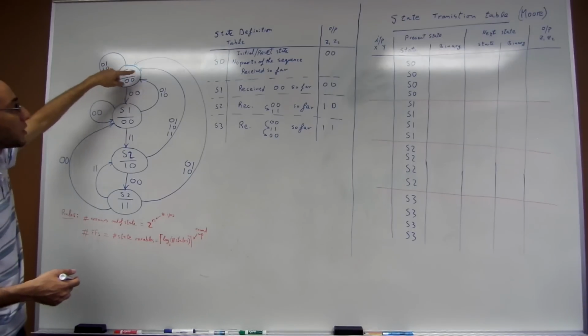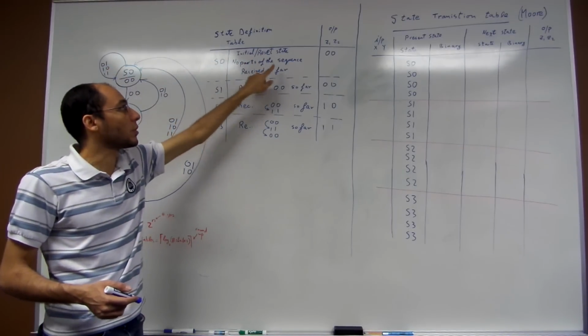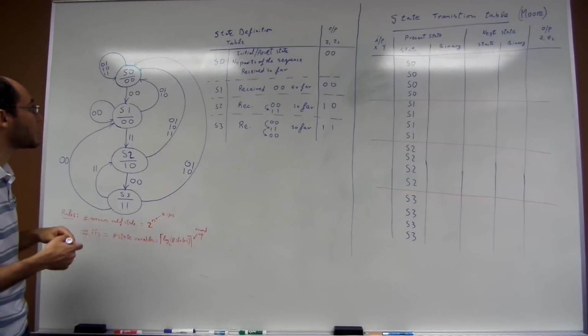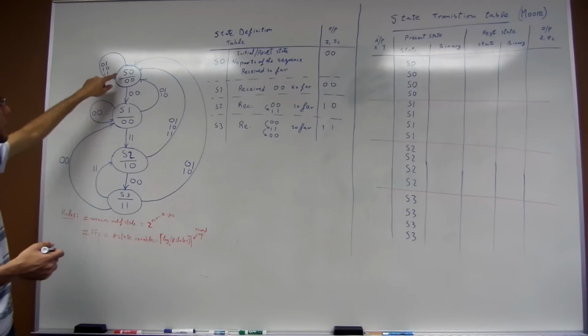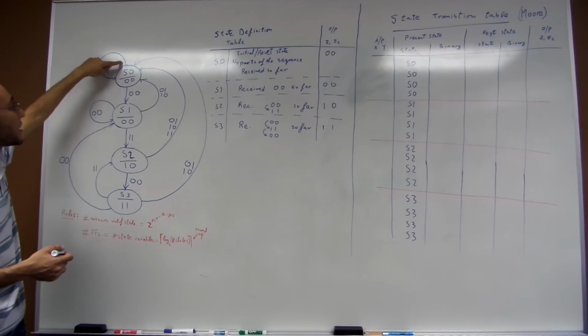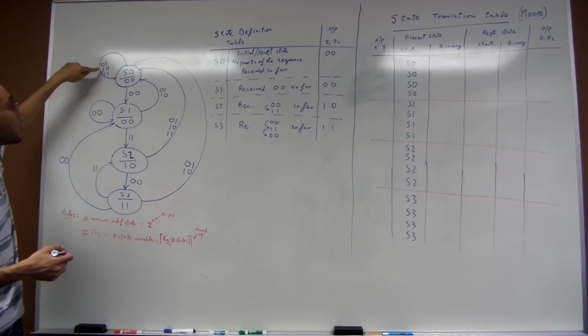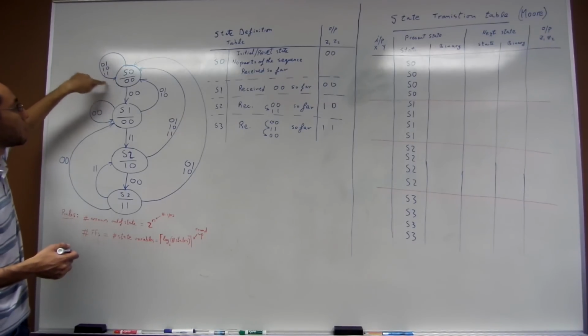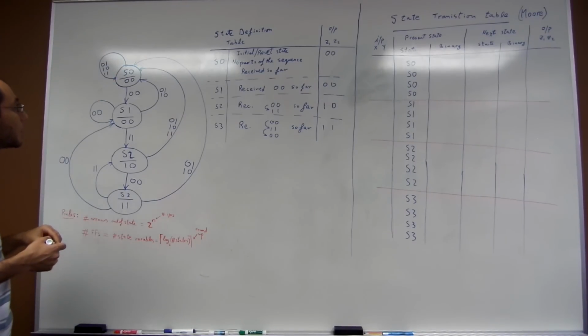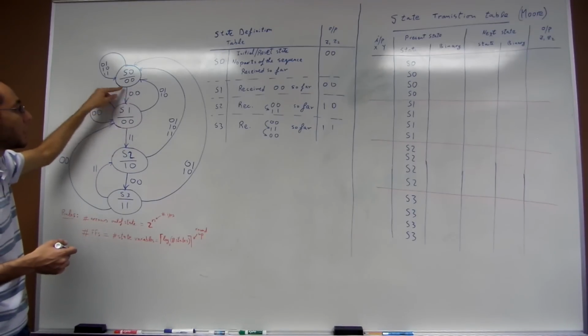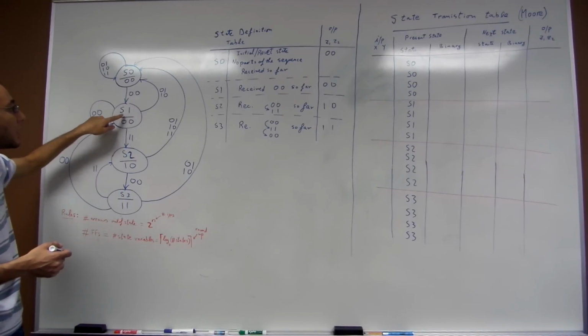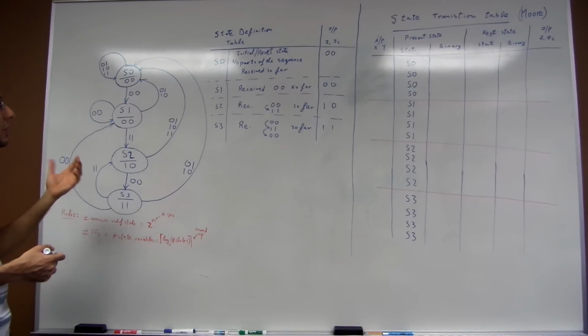S0 is the initial reset state, where no parts of the sequence have been received so far. And that's why, whenever I receive a 0, 1 or a 1, 0 or a 1, 1, I loop back to the same reset state. Okay, but if I receive a 0, 0, then I advance to state S1 so that I retain this in memory.